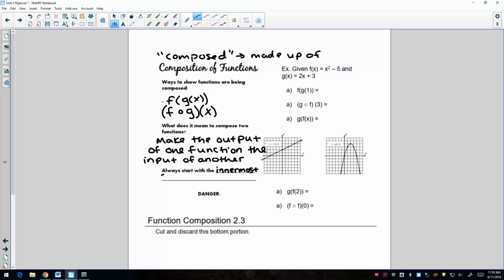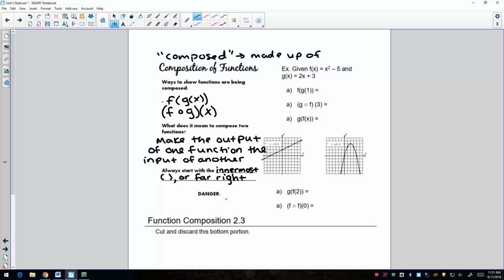If it's written the second way with the composition symbol, you're going to start at the end with the function that's written second or last on the far right. So you're starting with the innermost or the far right, depending on which way your composition is written.